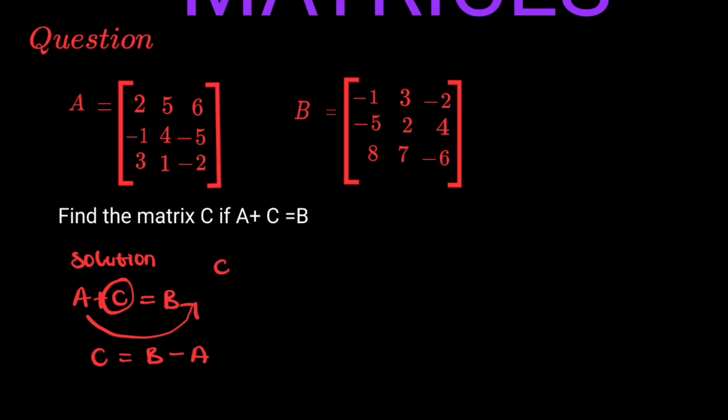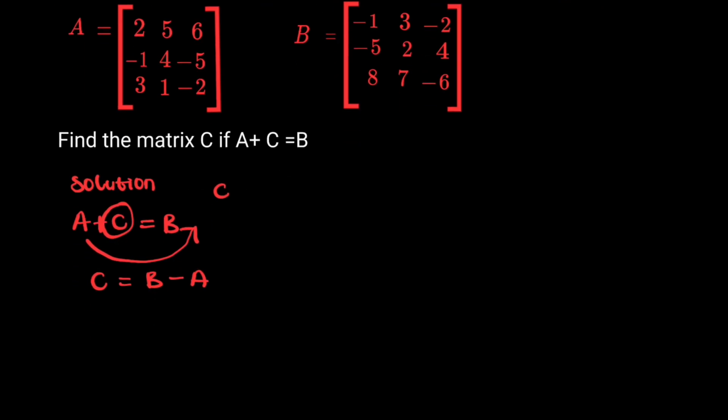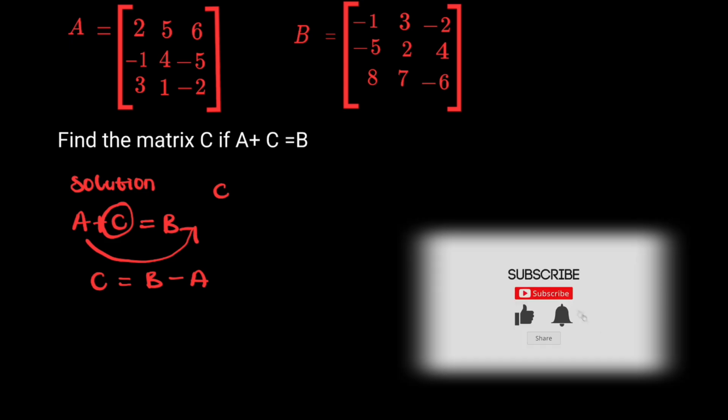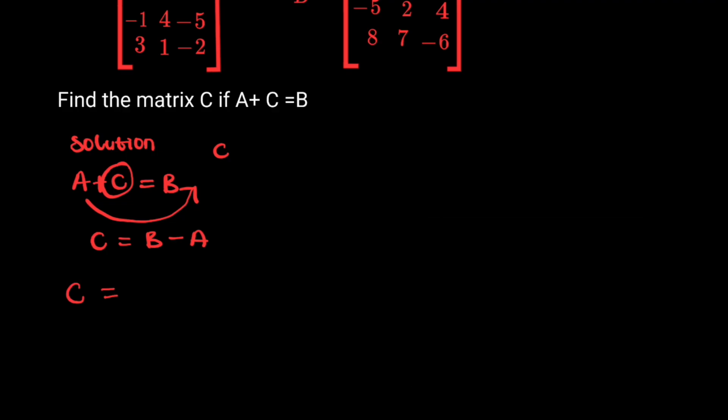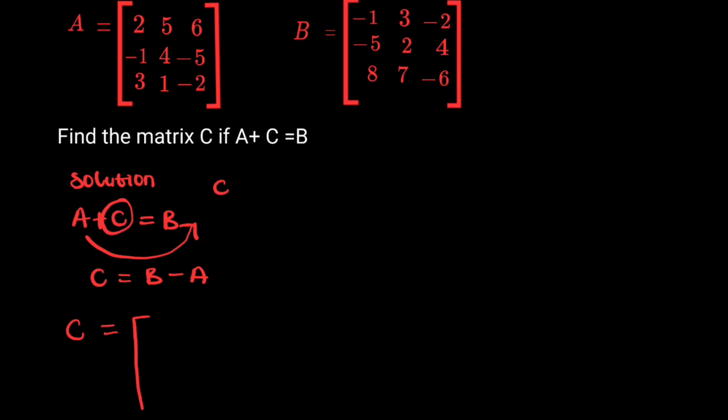But we have been given the matrices. Yes, we know that C is B minus A, but we are told to find the matrix C. So now we know B and A, and we are just going to simply subtract the matrix A from the matrix B to have our matrix C. So C now is our matrix B, which is minus 1, 3, minus 2, minus 5, 2, 4, 8, 7, minus 6.